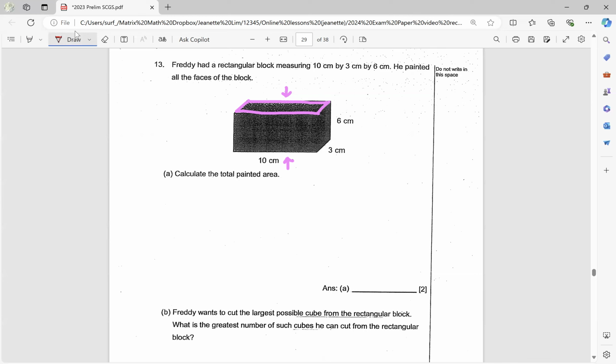So that is 10 times 3. Then we times 2. Okay, so 30 times 2, because top and bottom.